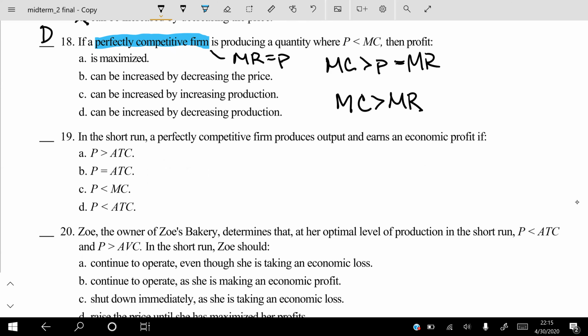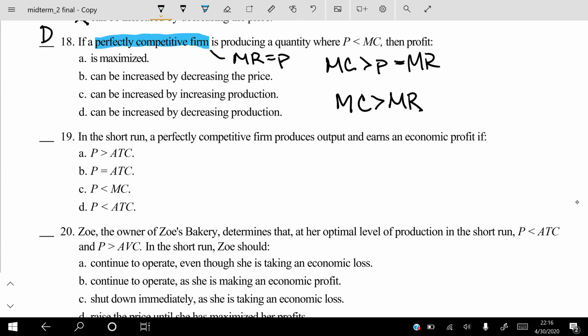In 19, in the short run, a perfectly competitive firm produces output and earns economic profit if price is greater than ATC, if price is equal to ATC, if price is less than MC, and if price is less than ATC. Well, how should they produce in the short run?